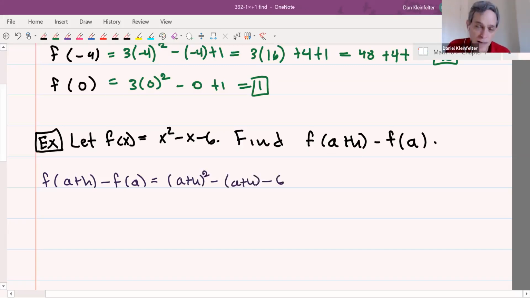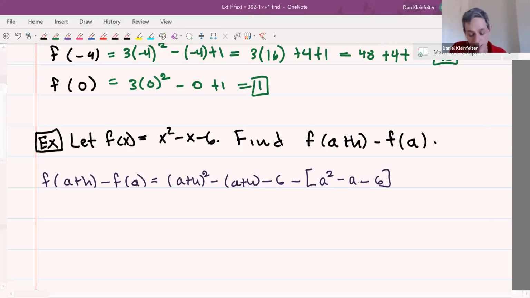Minus f of a. And notice that we're subtracting all those terms, so I put all of them in brackets to ensure that all three terms get subtracted. A common mistake is to leave off those brackets, in which case we'd only be subtracting a squared, and then the signs on the other two terms would be incorrect.